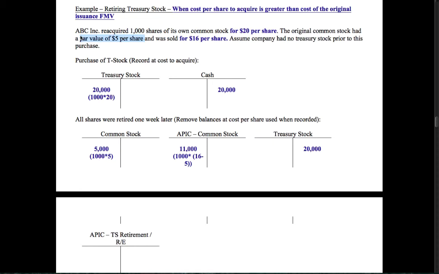Therefore, consistent with the previous times that we have covered common stock entries in this lecture, you have to establish an additional paid in capital when the cost you received when you sold them is greater than its par value. And you would use $11 here, which is 16 minus 5, which is the cost per share from fair market value minus the $5 par.